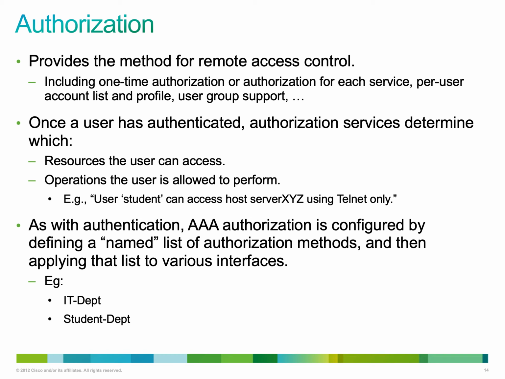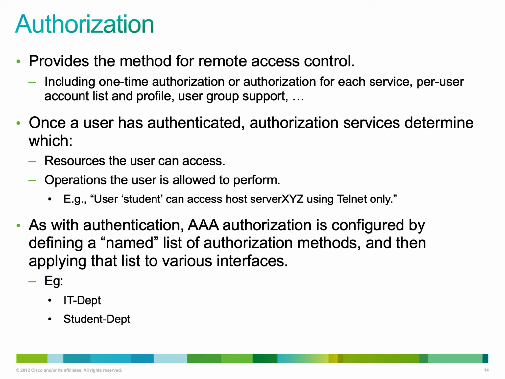Now, once a user has been authenticated, authorization is the next thing to do, right? The authorization services determine which resources the user can access. Yes, which resources? Okay, if you are a fund transfer officer in a bank, you need to get authorization for certain transactions that you want to carry out.